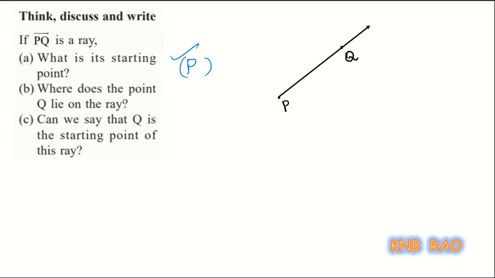Where does the point Q lie on the ray? It lies in the direction of extension. Next, can we say that Q is the starting point? No, we cannot say. So these are the answers to this.